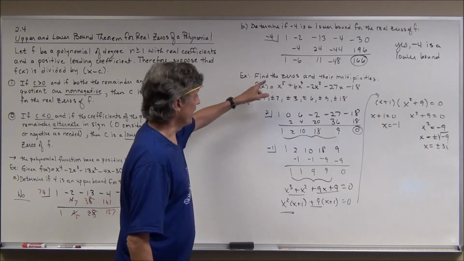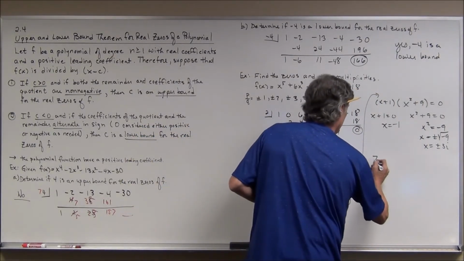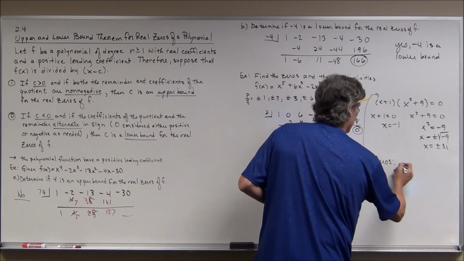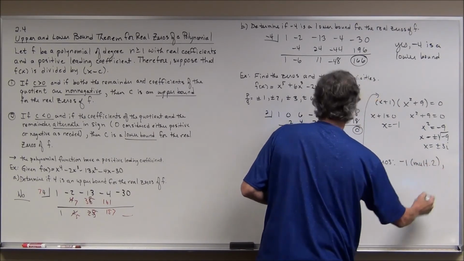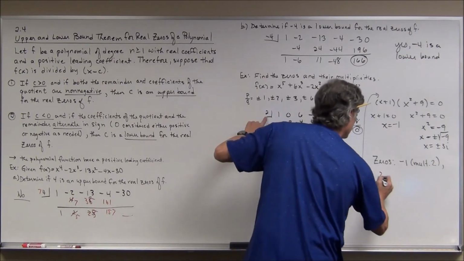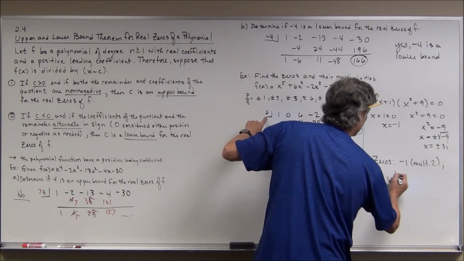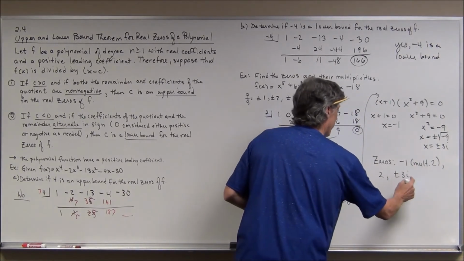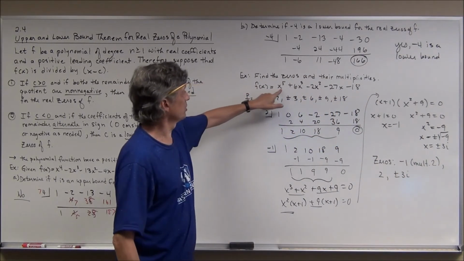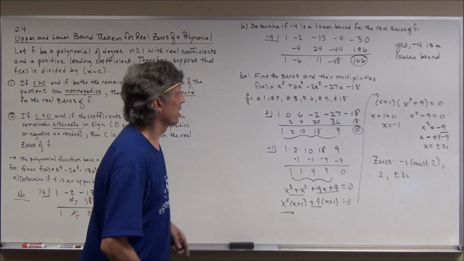So, find the zeros. My zeros are negative 1 multiplicity 2, 2, and plus or minus 3i. That's 1, 2, 3, 4, 5, and notice degree 5. So that matches up nicely.